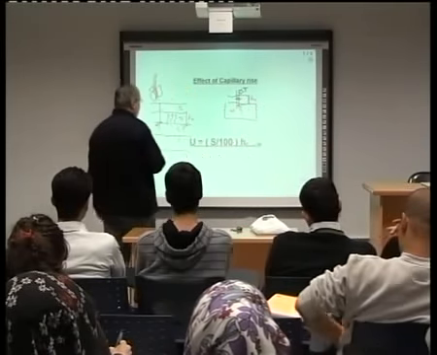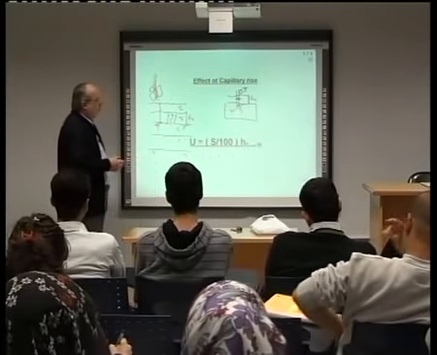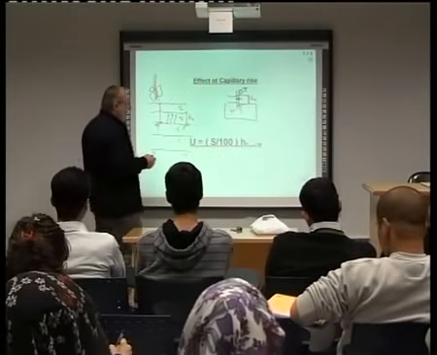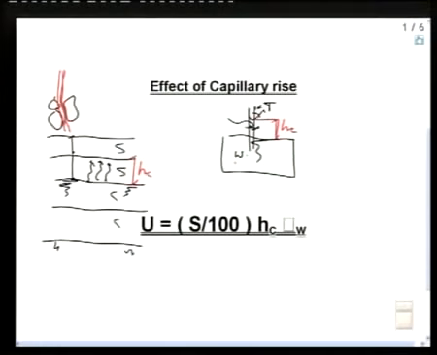But at the end we said that if we want to find the value of the pressure in the capillary rise, we will call it U, the pore water pressure. But this pore water pressure is negative, right?